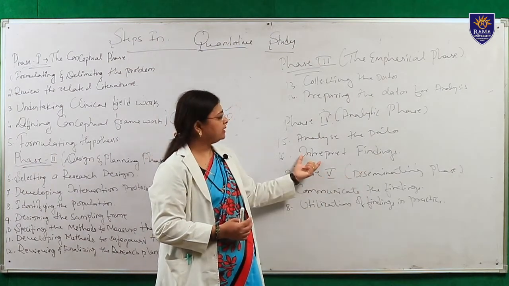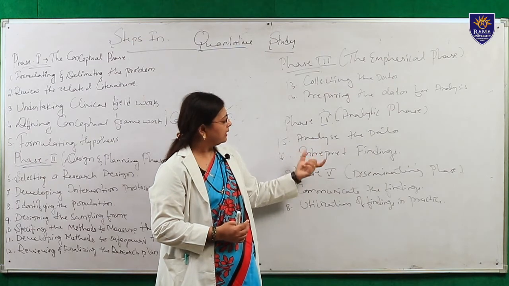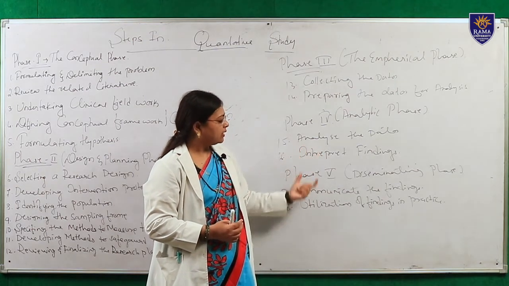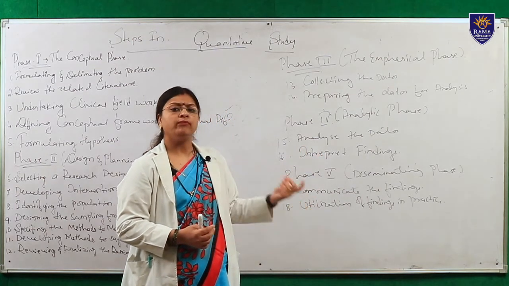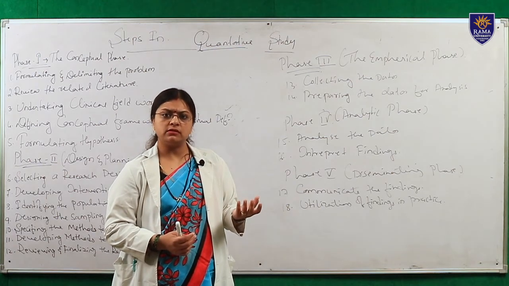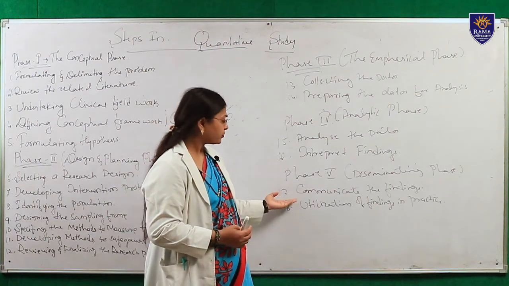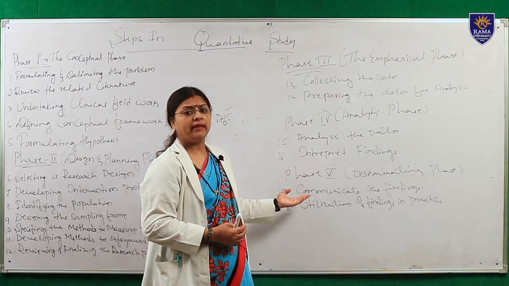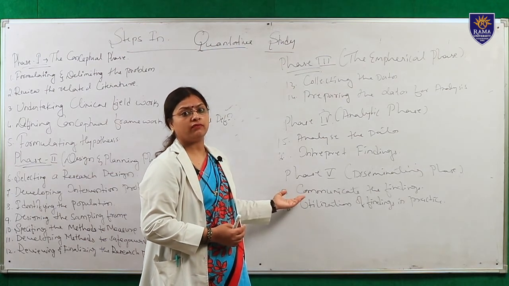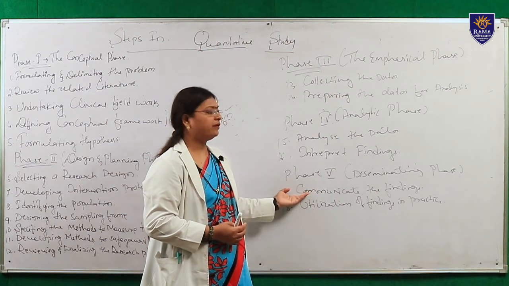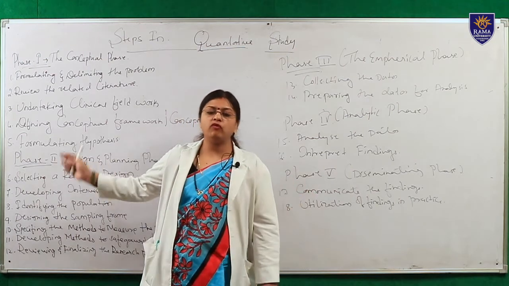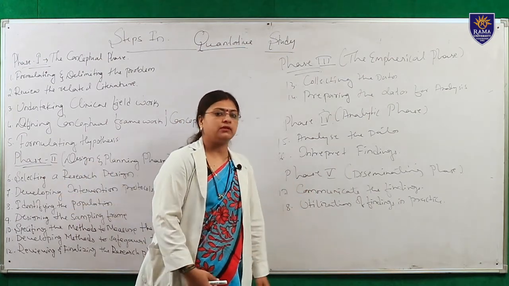He can publish, he can make a thesis, he can put it in journals. There are many methods of communicating the findings, and these communicated findings can be helpful for other upcoming research also.